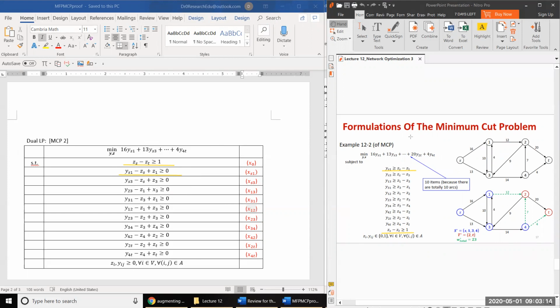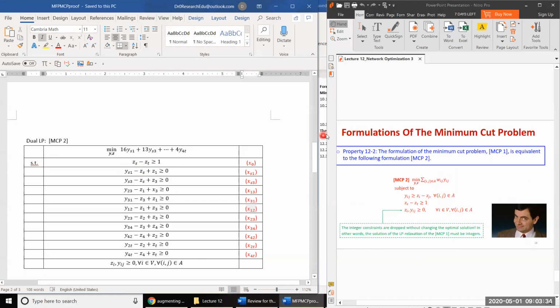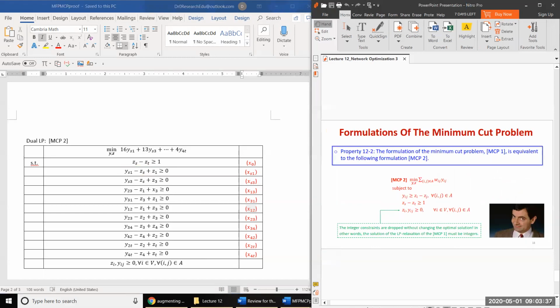And be careful that this is the first type of formulation of MCP, in which both Zi and Yij are binary variables. But actually in formulation 2, which is here, you can clearly see that they're equivalent.